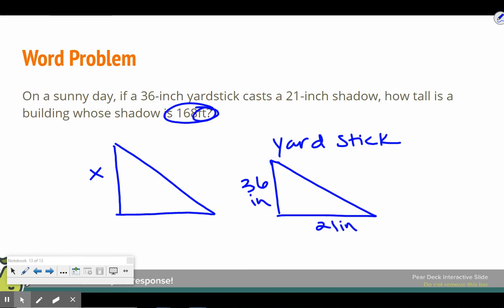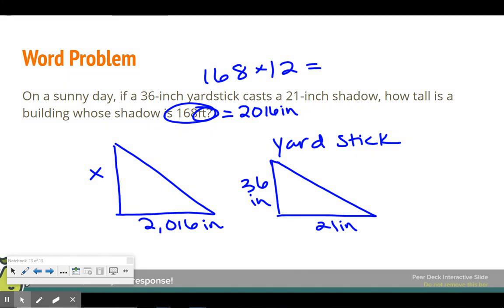So I'm going to convert 168 feet to inches to make it easy, since I already wrote out the other part of the problem. This is the same thing as 2016 inches. They have to have the same label on them. So we're going to set up a quick proportion here: 2016, 36, and 21.